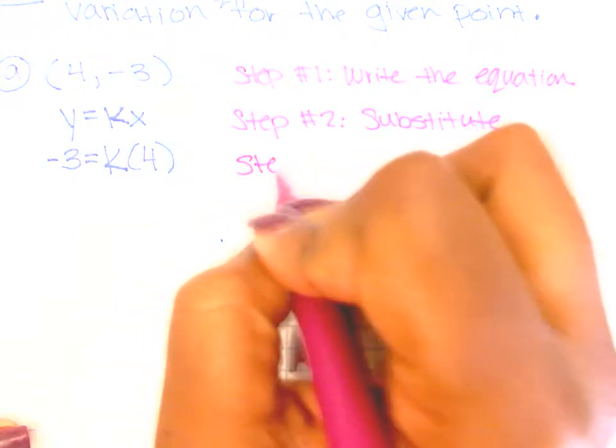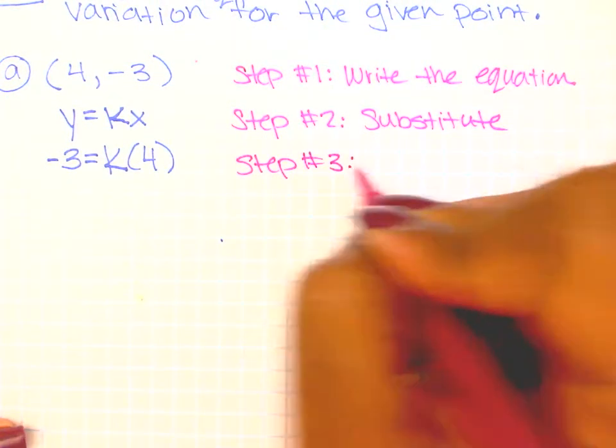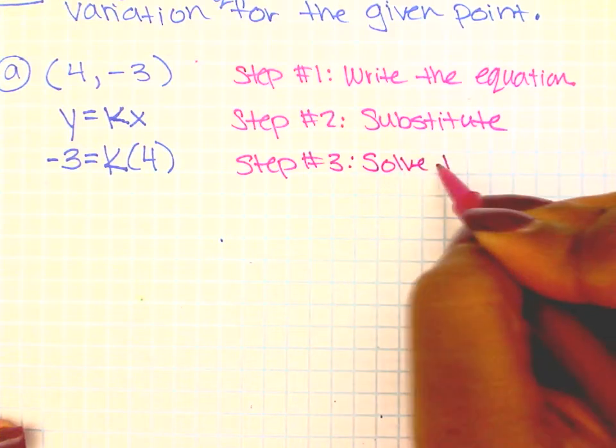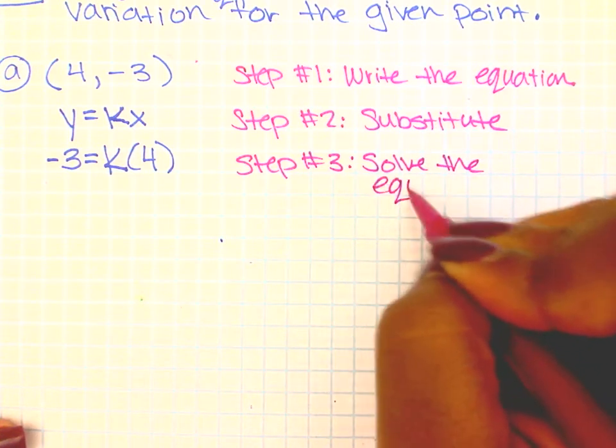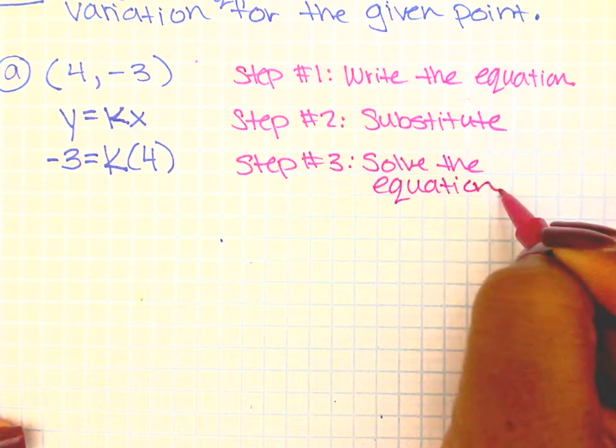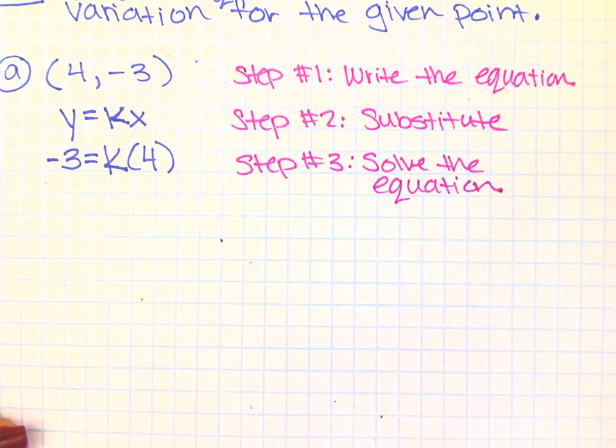Now the next thing we're going to do is step number 3, solve the equation. So what letter am I solving for? k. All right, I can do that. That means I need to isolate the variable. I need to get k by itself.